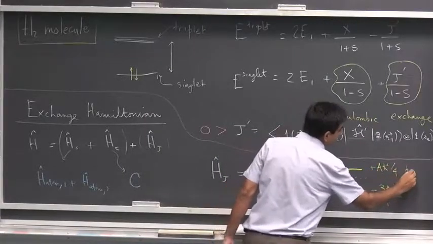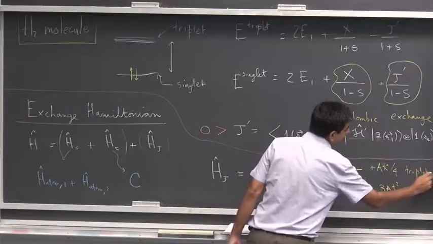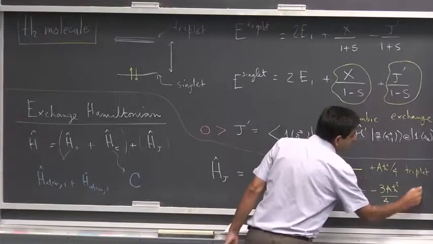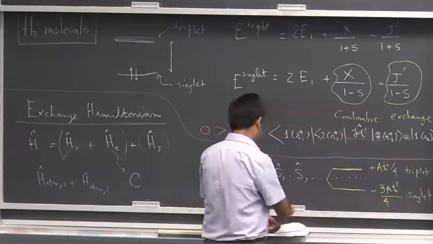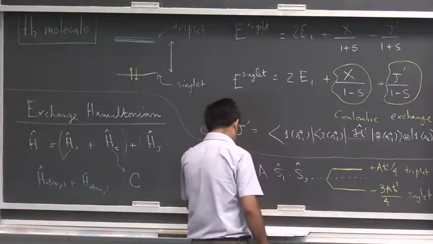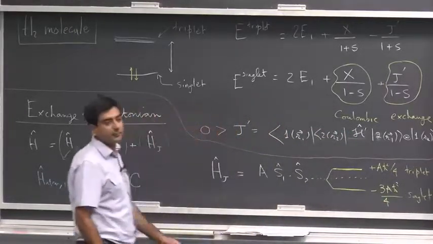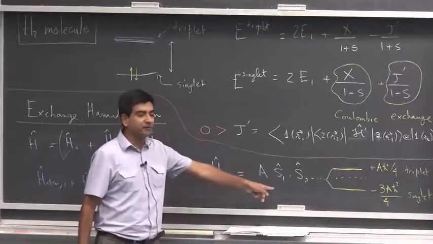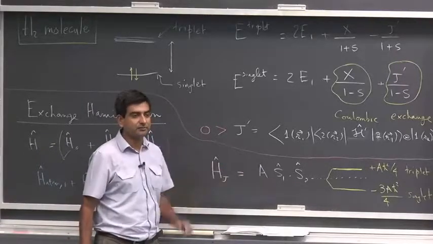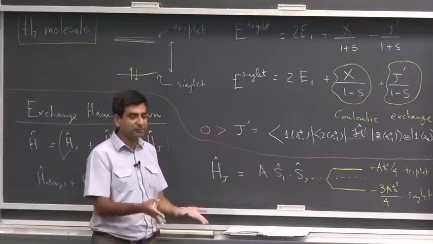So this is triplet, this is singlet. We solved this Hamiltonian and found the eigenstates for two spin half particles.